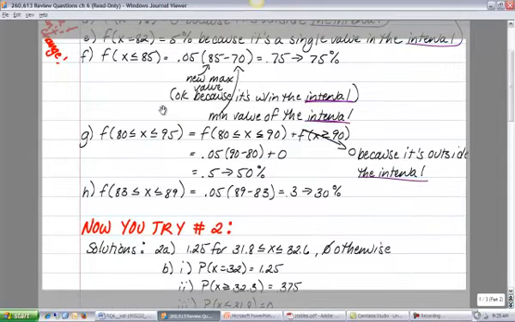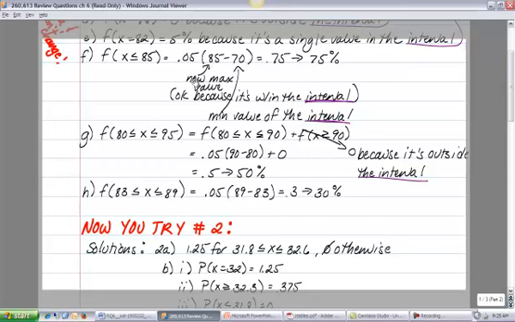Part F asks me, what is the probability of x having a value less than 85? Okay, so is 85 within my interval? Yes. 85 is between 70 and 90. But in order to maintain that interval, I can only go down to 70. So a value less than 85 really must mean a value between 70 and 85, because otherwise it's going to be 0.